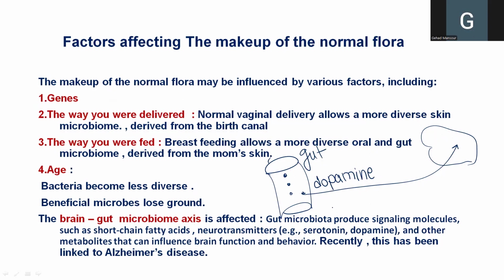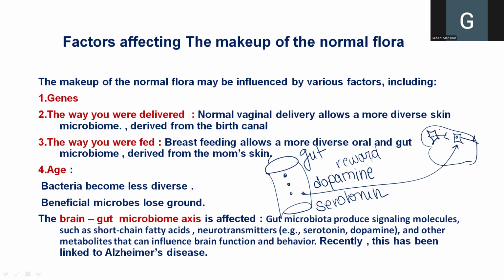like dopamine, which is, of course, the reward hormone or the reward neurotransmitter. And we have serotonin, which is the happiness hormone or the happiness neurotransmitter. And both of them circulate to reach the blood. They are neurotransmitters, and this means what?